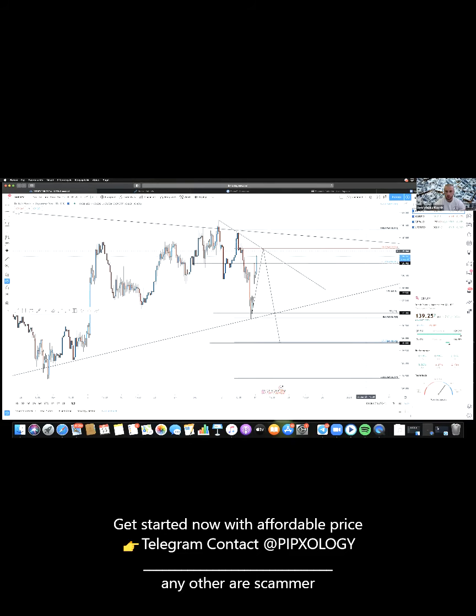Yeah, so that's the level what interesting for me. That's what I want. Goes for first target if it starts pushing to the downside. So TP1.